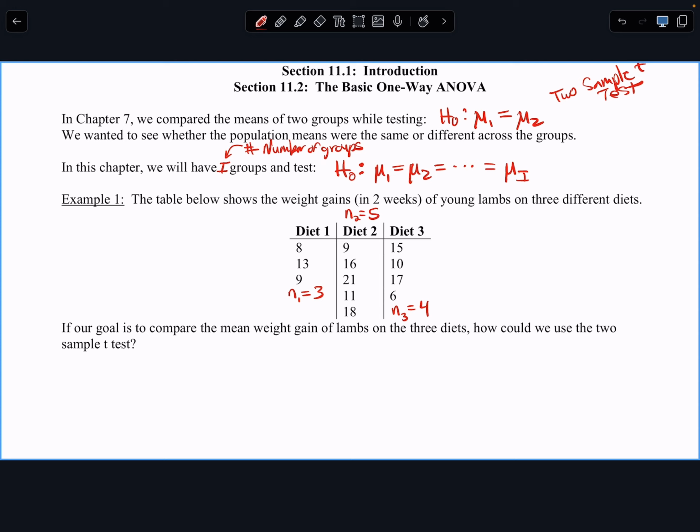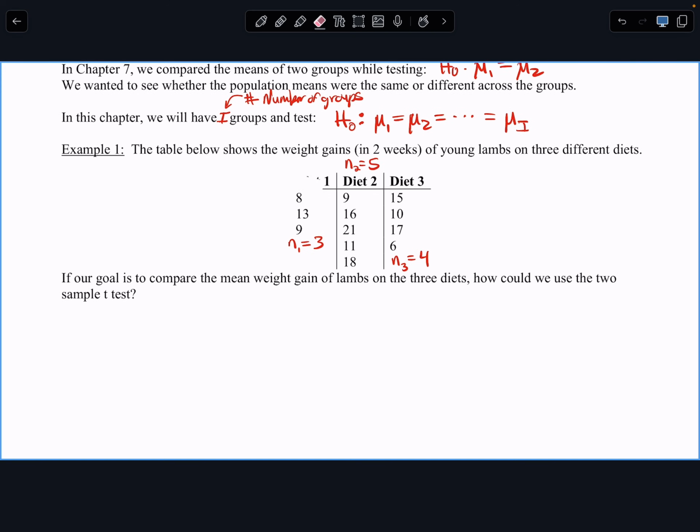What would we do? Any ideas? Grant, any ideas? No ideas? Well, there's 3 groups here, right? 1, 2, and 3.